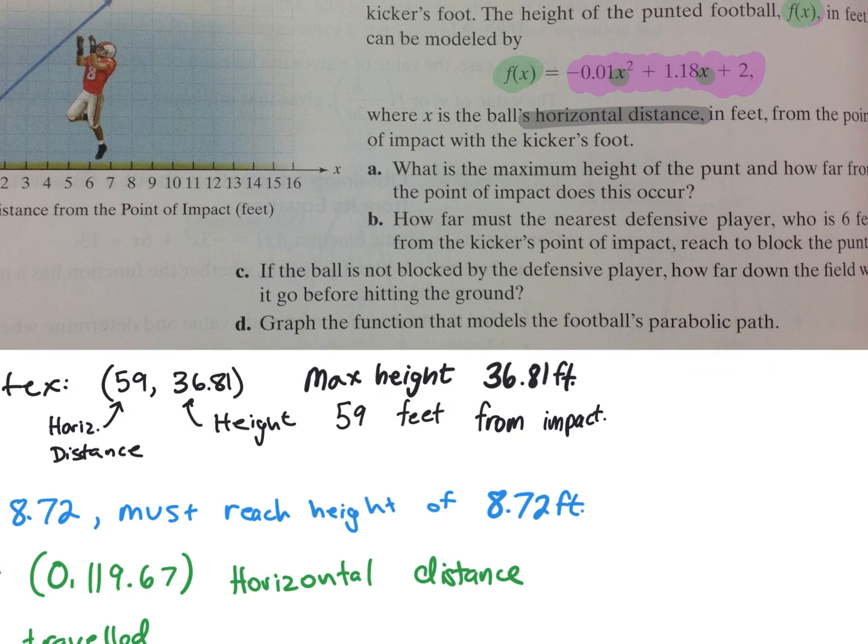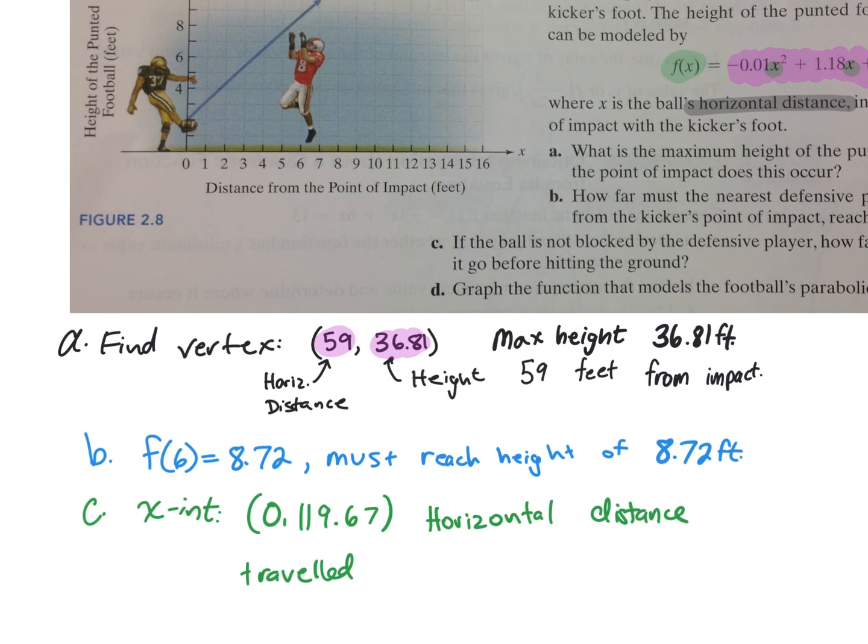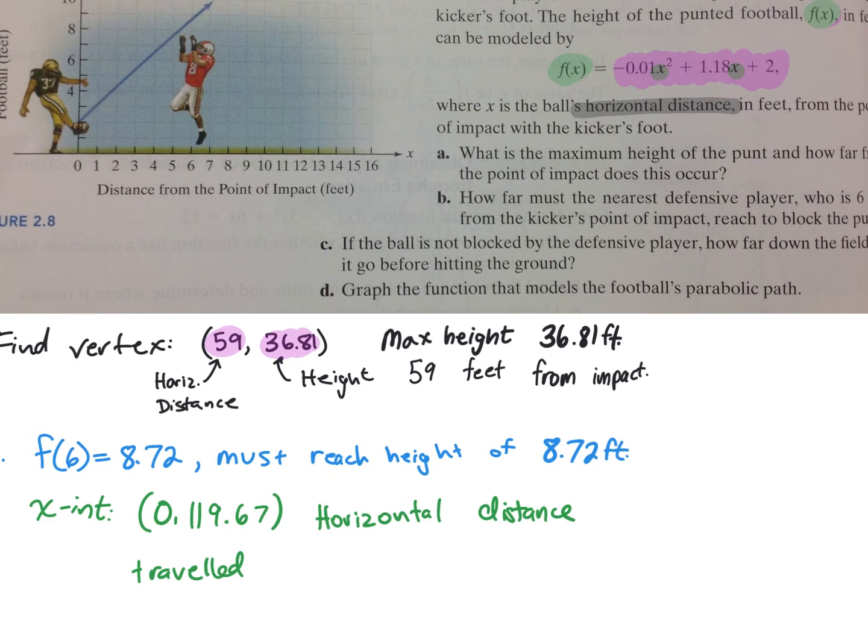Negative b over 2a, in this case, would be negative 1.18 divided by negative 0.02, or 59. When it's all said and done, the x value of our vertex ends up at 59. We plug in to find our y value of 36.81. Certainly one here where we might want to use our graphing calculator.